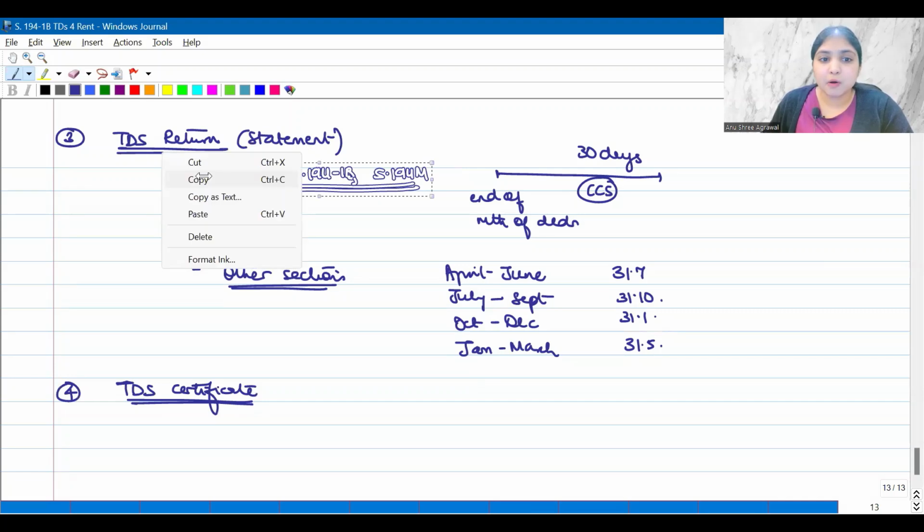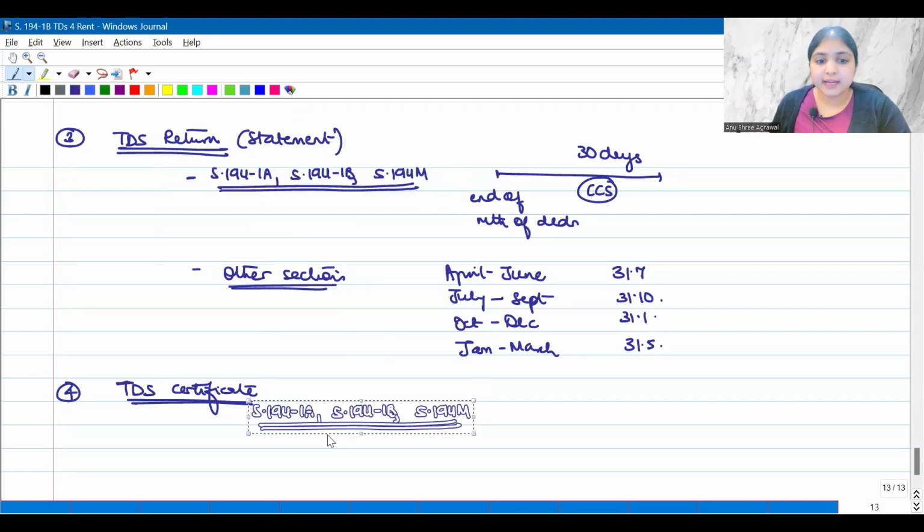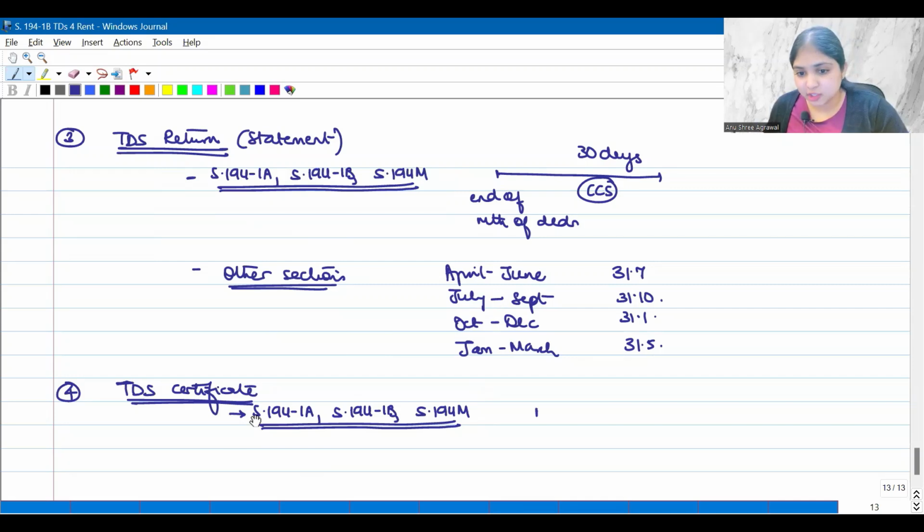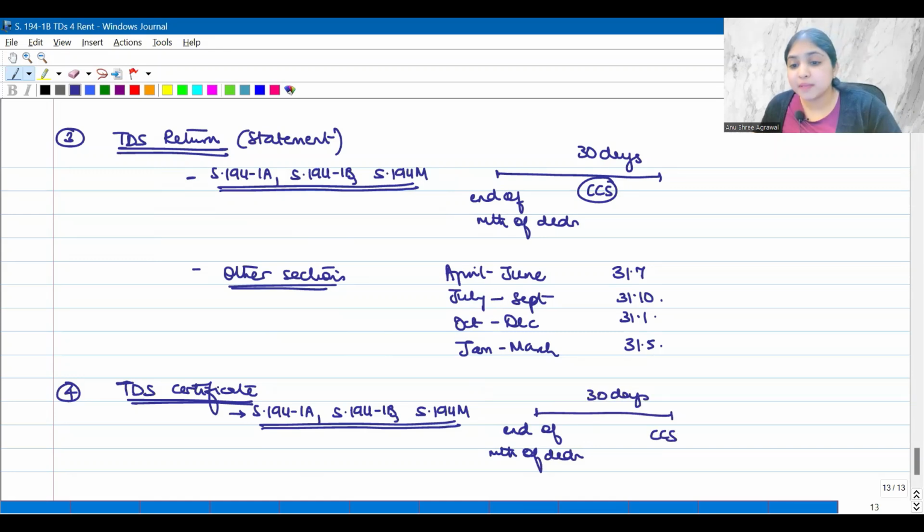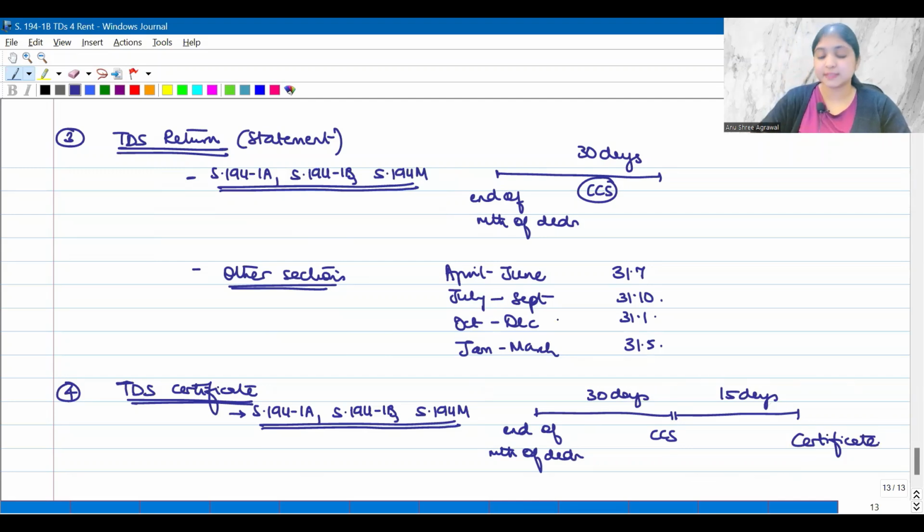For these three sections, 194IA, 194IB and 194M, from the end of the month of deduction, within 30 days we do the challan cum statement. From the expiry of this 30th day, within 15 days, the TDS certificate is given to the deductee. We are already aware of this.